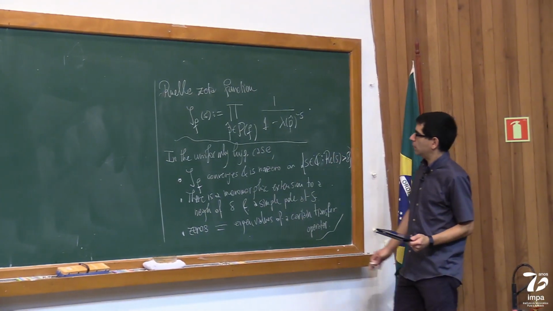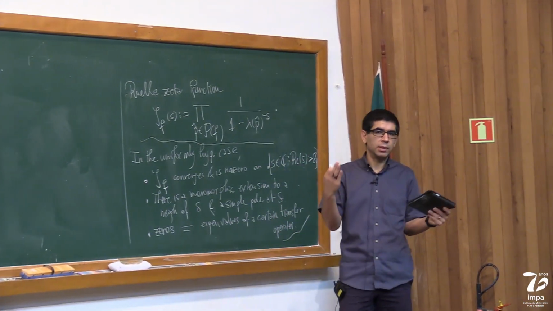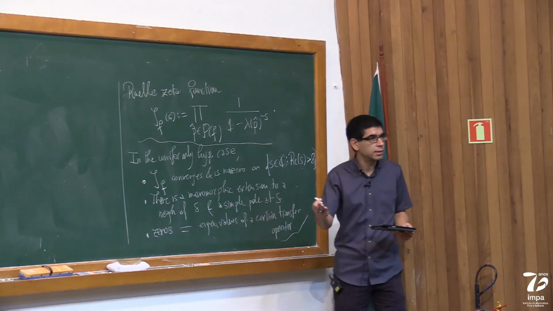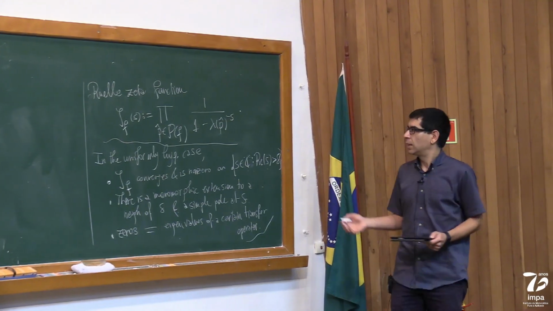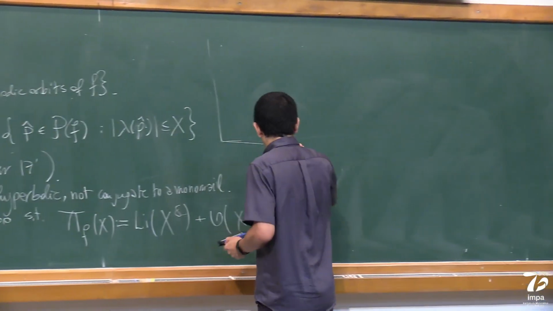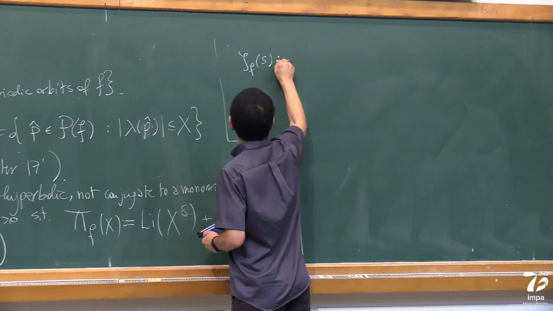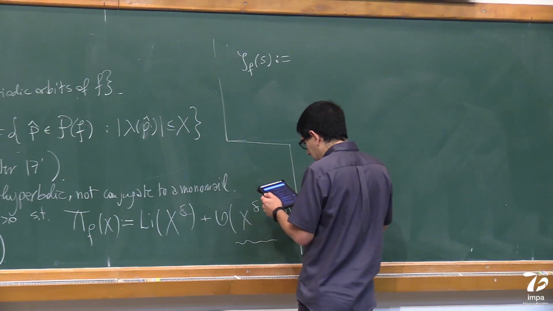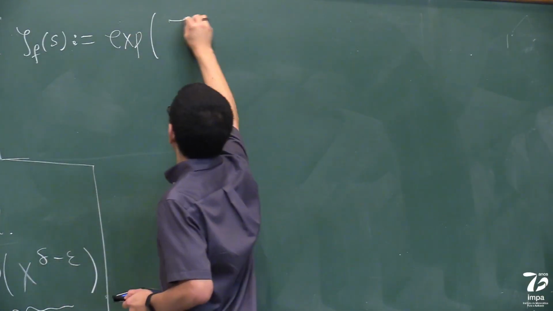For the Riemann zeta function, you have two formulas, one which is this Euler product, but you also have the usual power series that gives you all the analytic properties. Similarly, you have a formula for the Ruelle zeta function that is better to analyze the analytic properties of this function. It's more difficult to write. It's the exponential of a series.